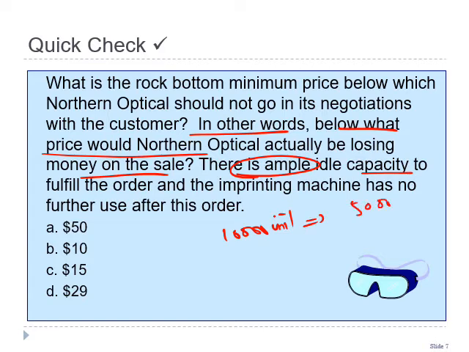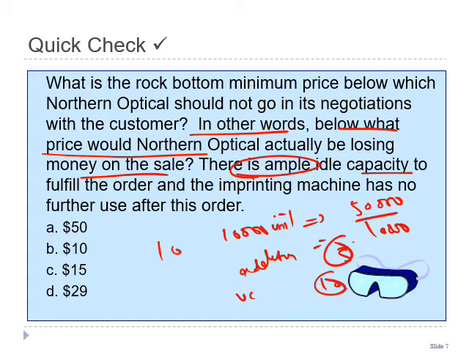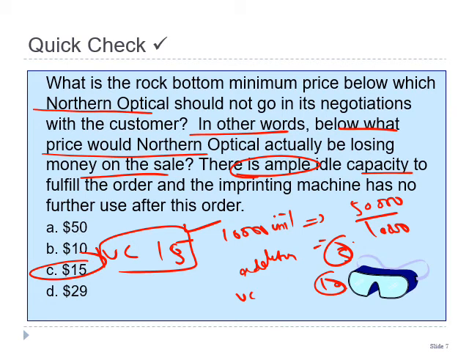The logo machine is 50,000, so the per-unit incremental cost would be 5. Their variable cost is 10. So the answer is 15 variable cost. If the customer's quote is above 15, that would be suitable; 15 is the price at which Northern Optical would not have any loss.